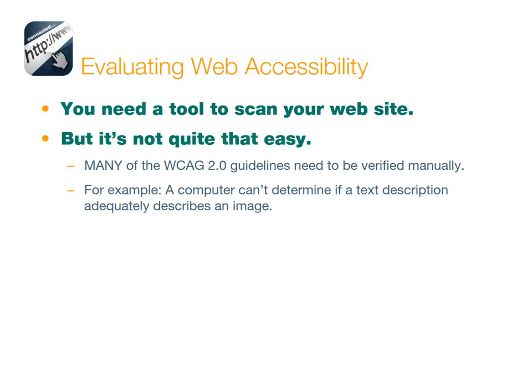So we have an image and we give that image a text description. A computer program can see that we have the text description in place, but it can't tell if that text description adequately describes the image. So it really comes down to a person looking at the image and looking at the description of the image to determine if that description adequately describes the image.